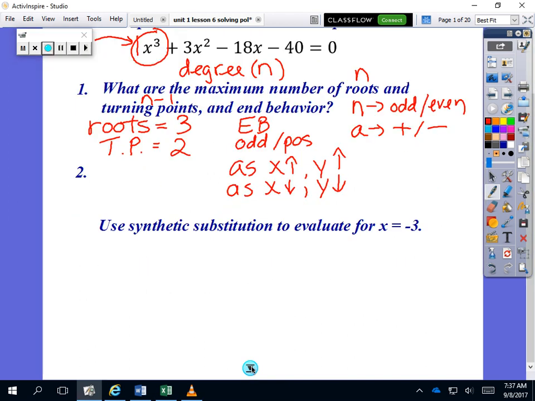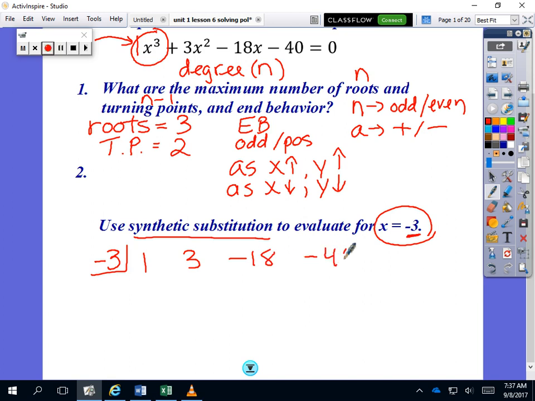So when it says synthetic substitution, we're going to use synthetic division, but instead of putting the opposite of the number in the box, when it says synthetic substitution, you're putting this exact number in. You're not changing it to the opposite. So negative 3 goes in the box. You still need your same coefficients, though. So 1, 3, negative 18, and negative 40.